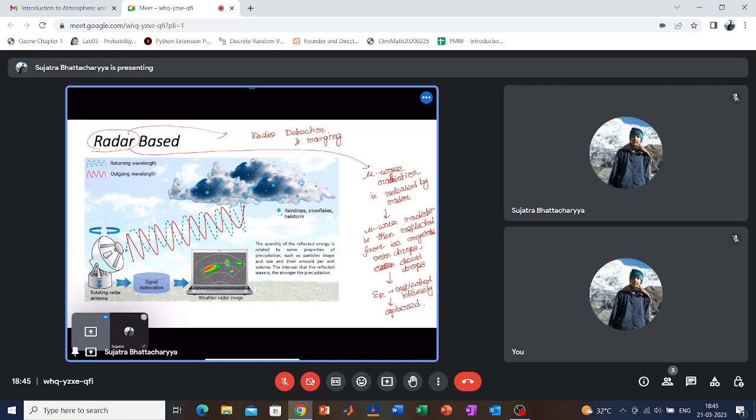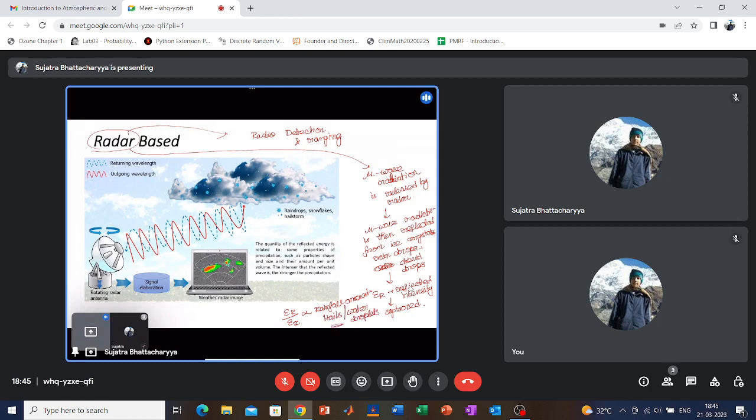Now this ER by EI will give you the rainfall amount. It will also tell us whether hails are present or water droplets are present. So it will give information about everything.